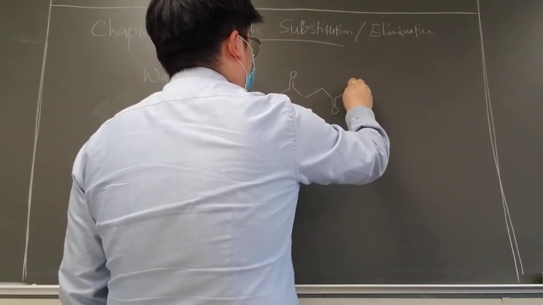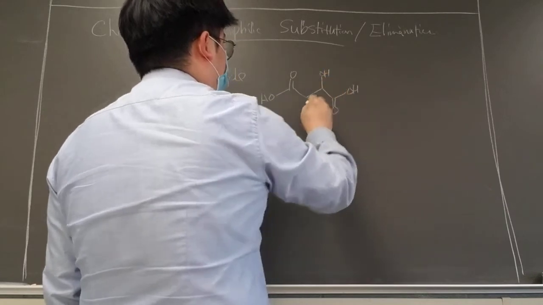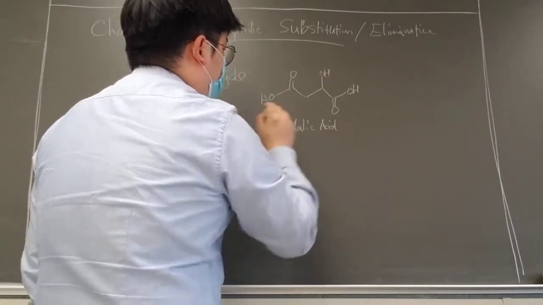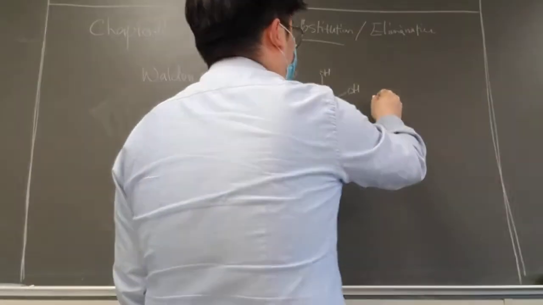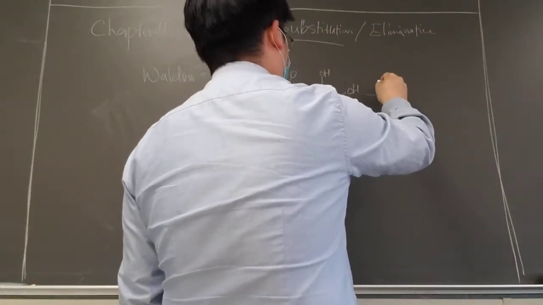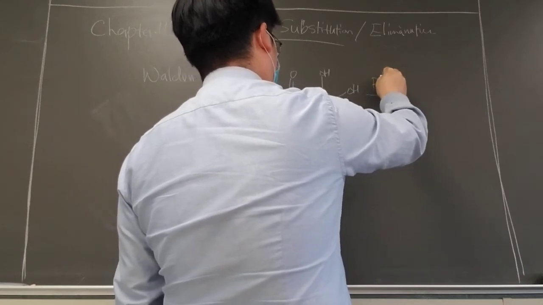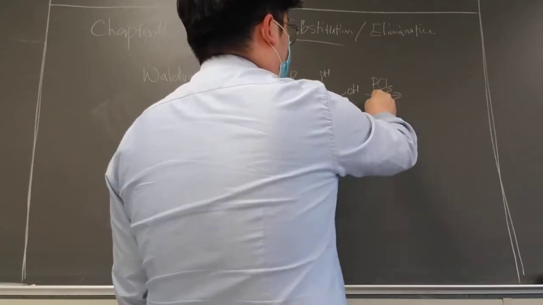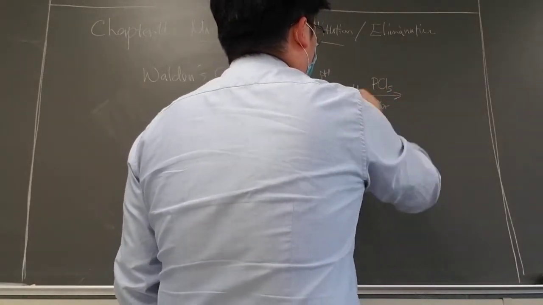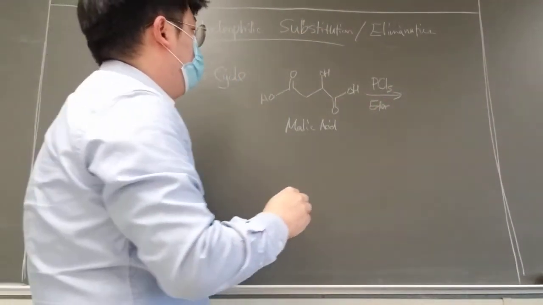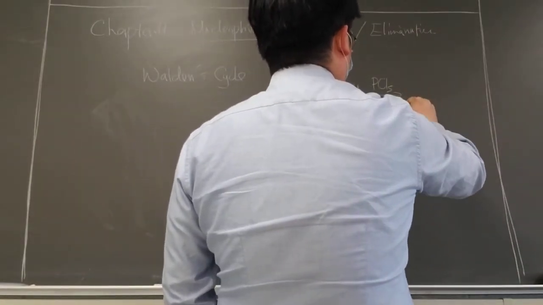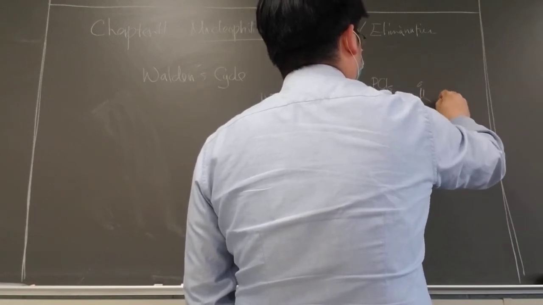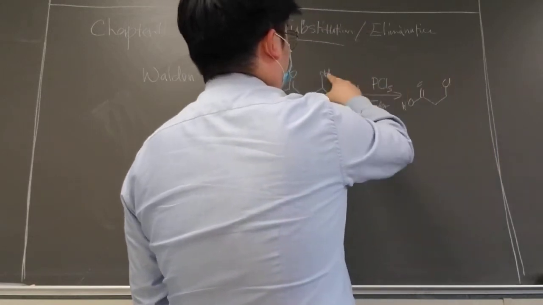This is malic acid, and you try to put it into a halogenated form. You can put phosphorus chloride here with some organic solvent. What we have is pretty much the same, but with this group replaced by the halogen group. So now it's chlorine.